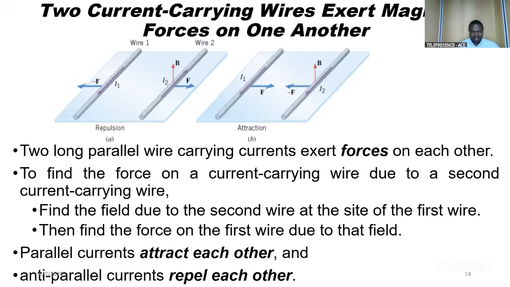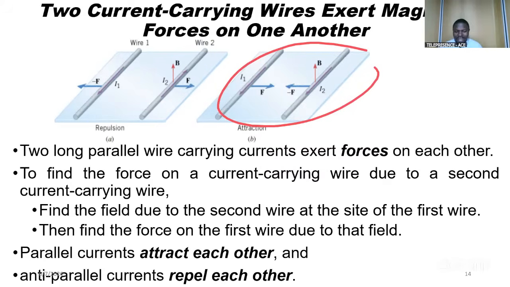The first thing we need to understand is this: when we have two wires carrying current, if the direction of the current is the same, like this one, the two of them are going to attract each other. And if the directions of the current are opposite, they are going to repel each other. Please take note of this particular part very well.